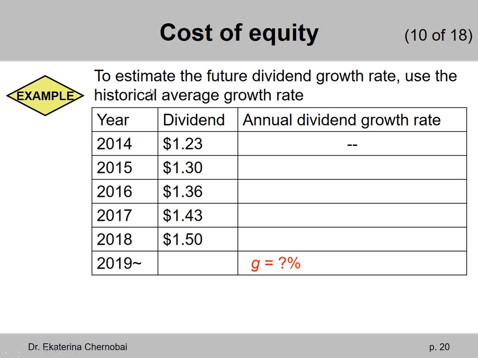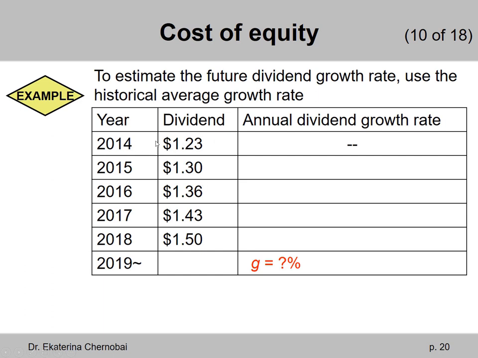For example, to estimate the future dividend growth rate every year, we look back at the last several years: 2014, 2015, 16, 17, 18. And we already know how much money was paid in dividends per share at those points in time.